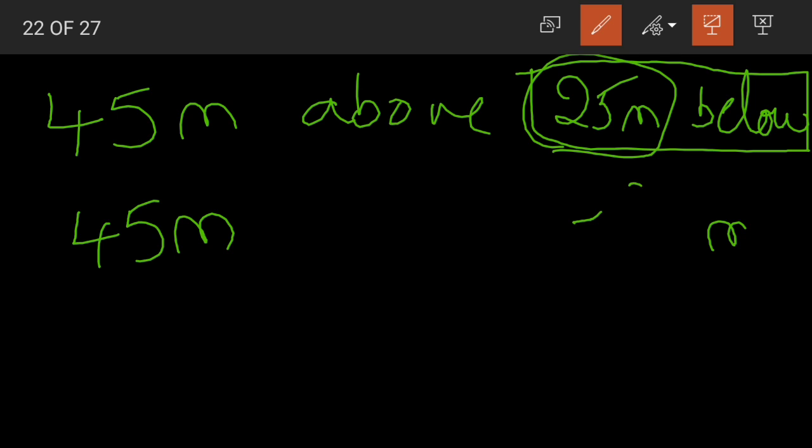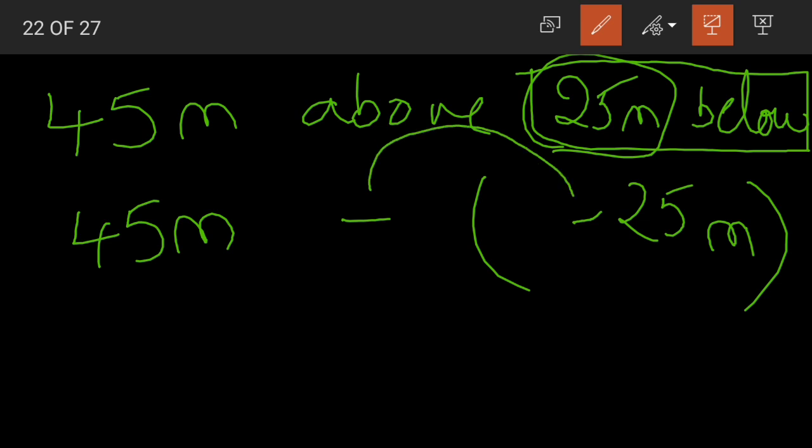It will be represented as -25 meters. Okay. Now what is it asking in the question? They are asking you the difference between the two. Difference means subtraction, right? So 45 meters minus of -25 meters. When both the signs are different, the answer will be positive. 45 plus 25.